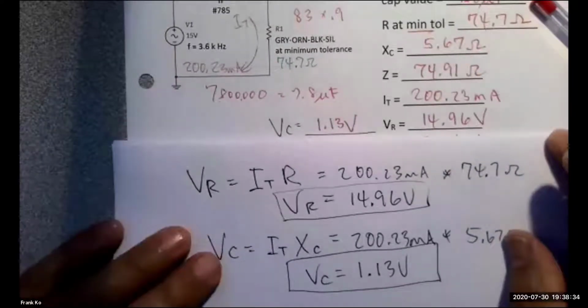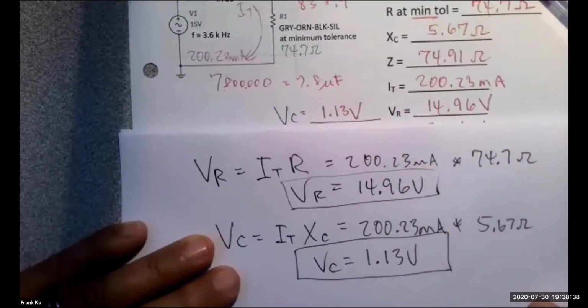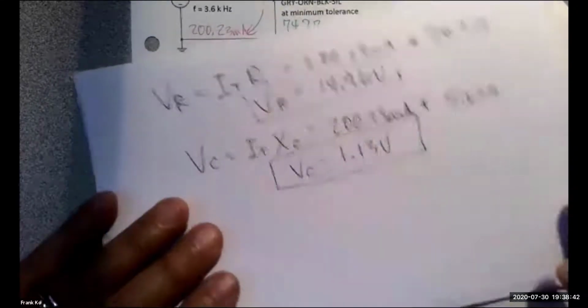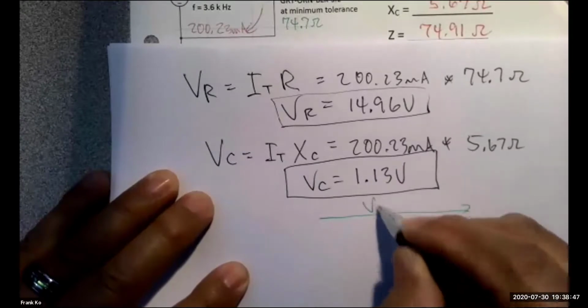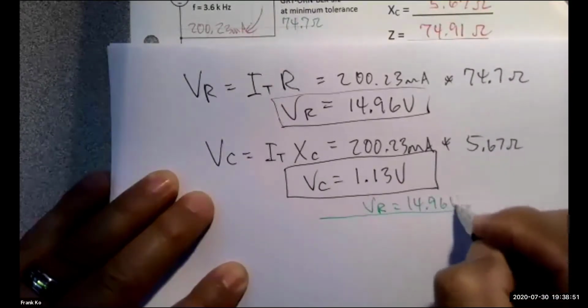Pythagorean theorem. So we should remember, the same way we drew the triangle earlier for the ohms, we should be able to draw the triangle for Pythagoras, for voltages. So I would have my VR of 14.96 volts.